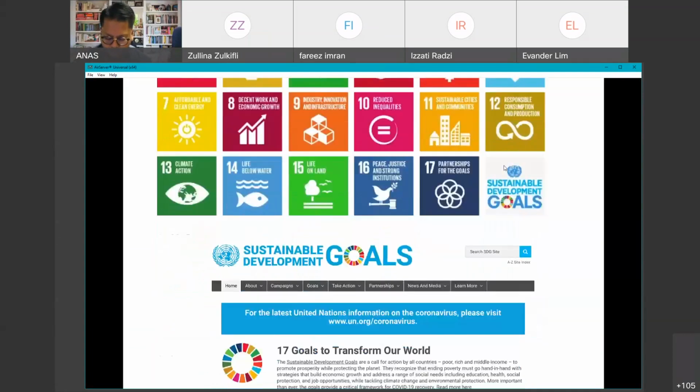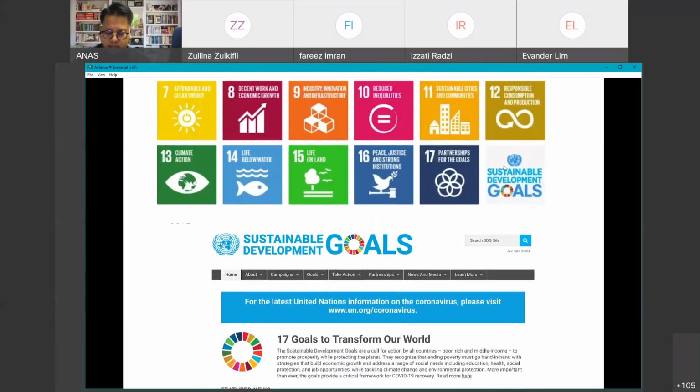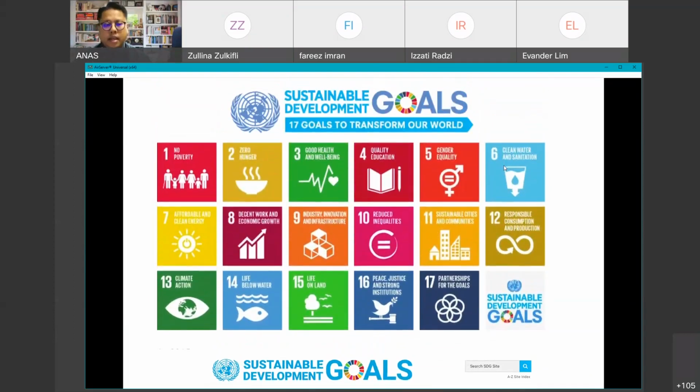Basically, if you look over here, this agenda requires all nations, regardless of whether developing or poor nations, we all need to come up with our set of goals to address these 17 agendas.